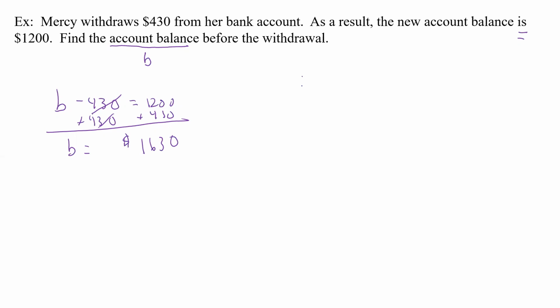Well, let's check and see. Does 1630 minus the withdrawal amount equal the 1200? Well, now I'm going to put that down below. So 430. So 0 minus 0, 3 minus 3, 6 minus 4, 1 minus nothing. So $1,200 does equal 1,200. So that does appear to be the correct value.